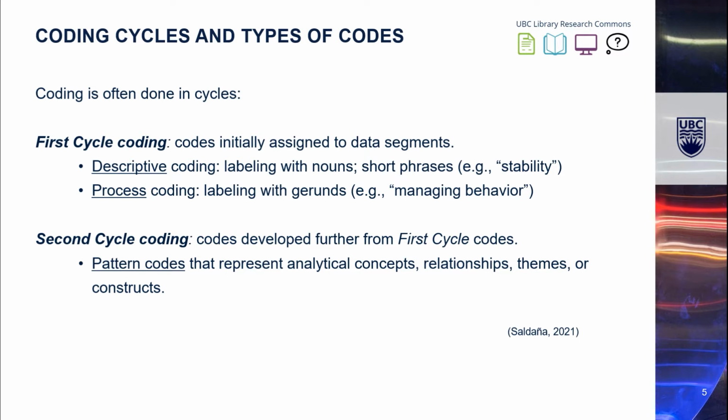Saldaña's distinction seems particularly useful for bottom-up or inductive approaches to coding that are driven by data rather than by theory, in which case the approach would be top-down or deductive. Different from deductive approaches, inductive approaches necessitate primarily descriptive first coding cycles before moving to second, more conceptual coding cycles.